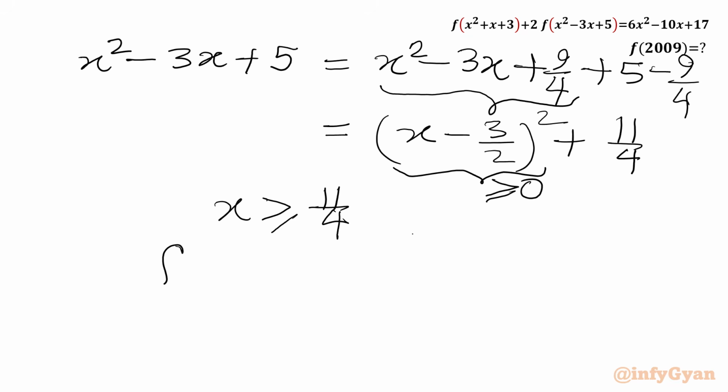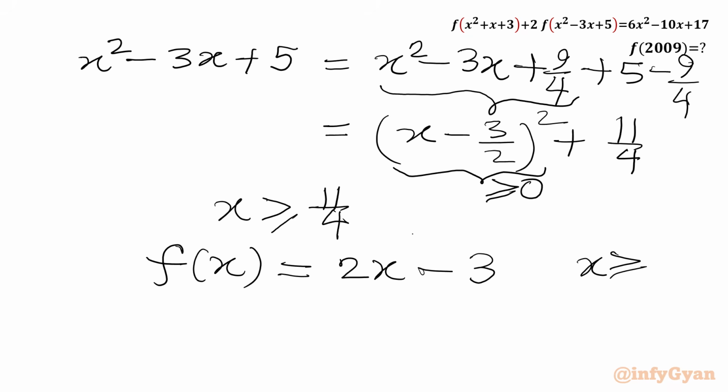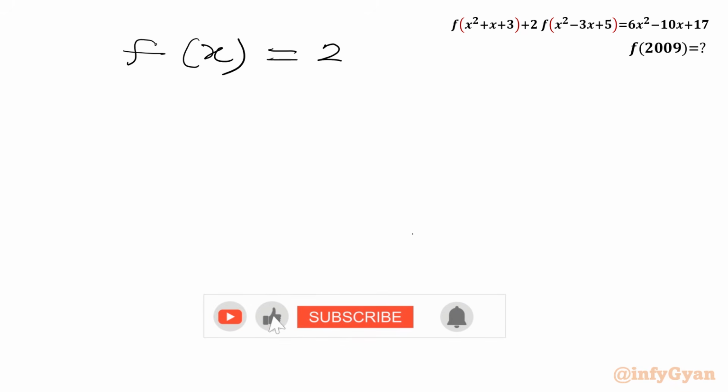So we have f of x equal to 2x minus 3. Here x is greater than or equal to 11 over 4. Now we have to put x equal to 2009 to get the value of f 2009. So I will write f of x equal to 2x minus 3.